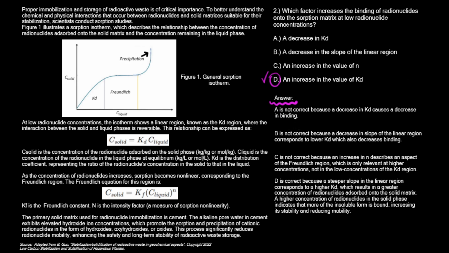Question number 2 reads: which factor increases the binding of radionuclides on the sorption matrix at low radionuclide concentrations? If you pick D, you are correct. At the low radionuclide concentration, the sorption isotherm graph follows a linear process, which is known as the Kd region.